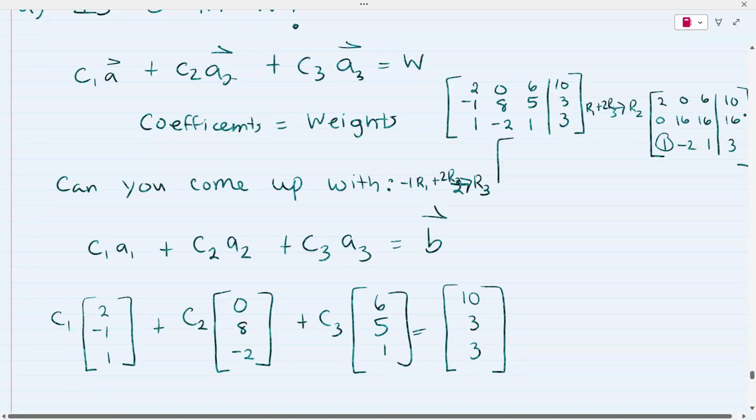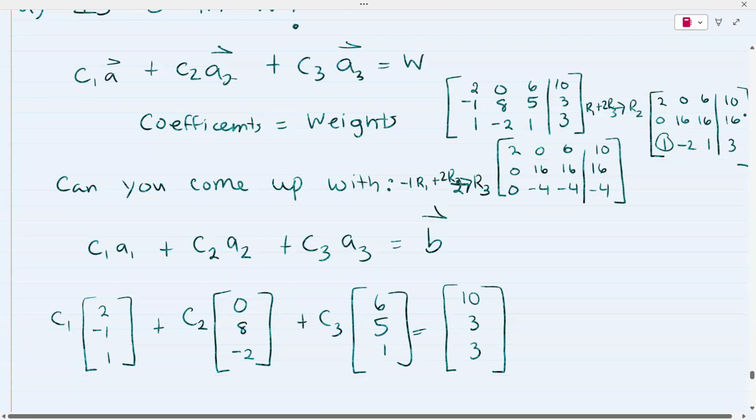So when you do all the work, you get 0, -4, -4, and -4. And then row 2 stays the same, row 1 stays the same. So this is going to be 0, 16, 16, 16. This is going to be 2, 0, 6, and 10.